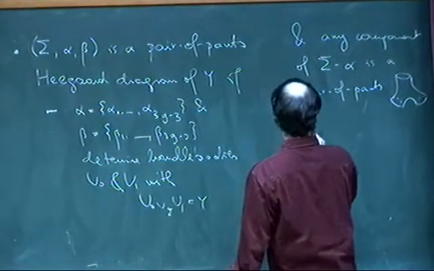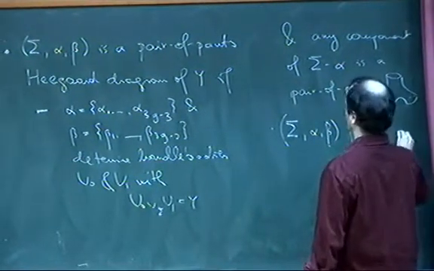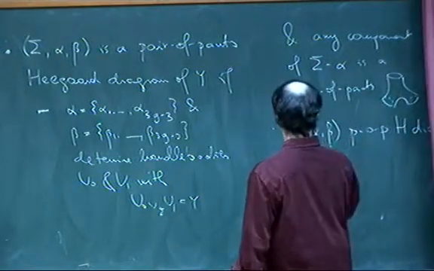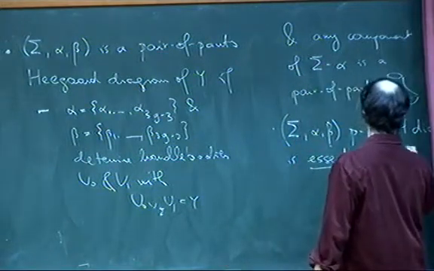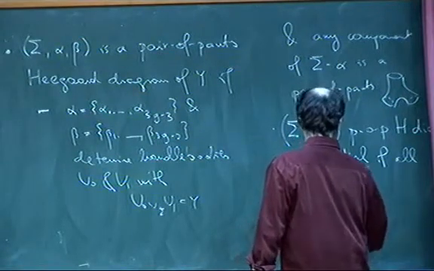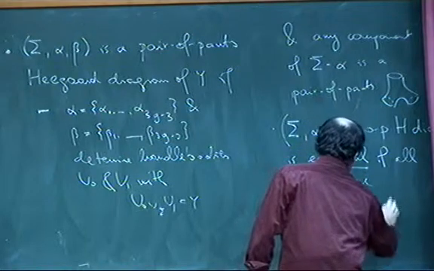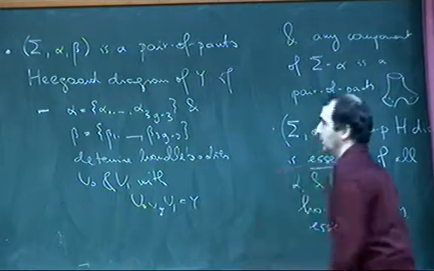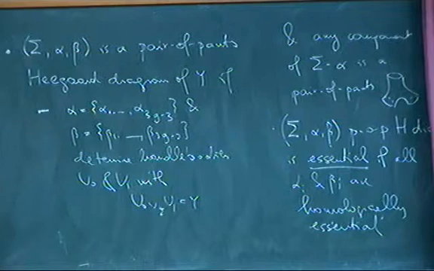A pair of pants Heegaard diagram sigma, alpha, beta is essential if all alpha i and beta j are homologically essential. Notice that in a pair of pants decomposition you might have homologically inessential curves.